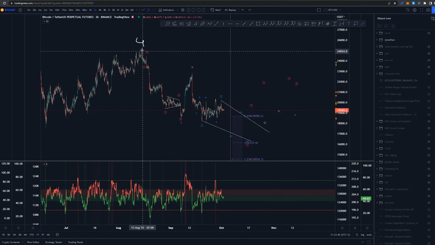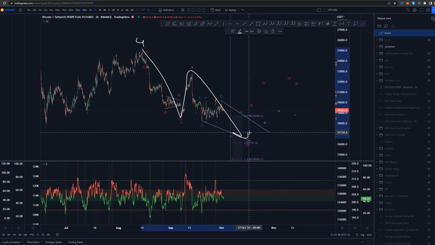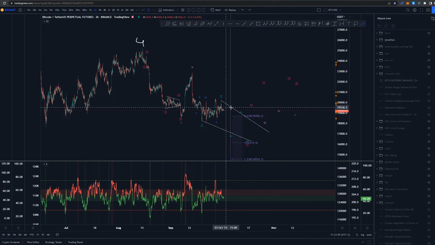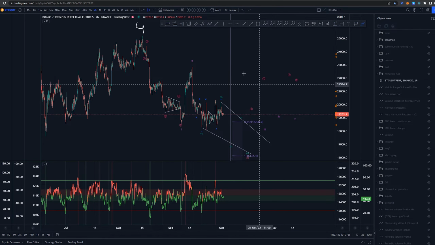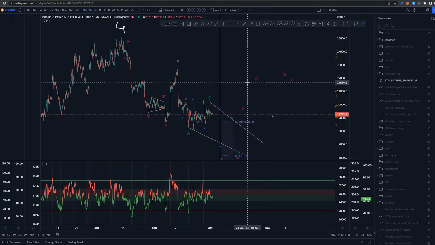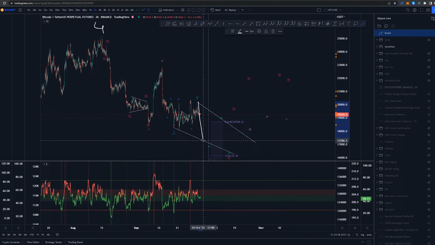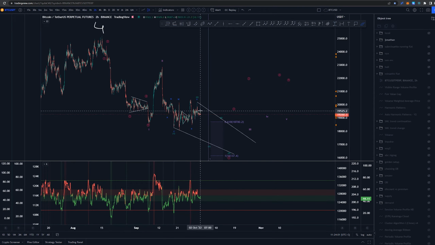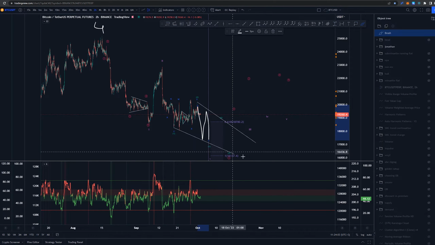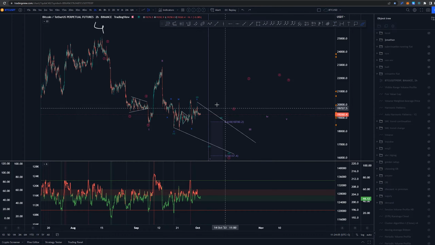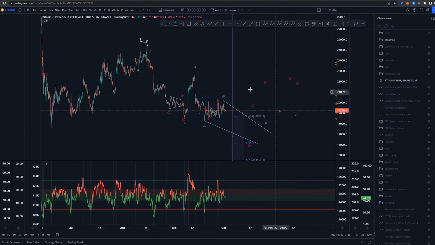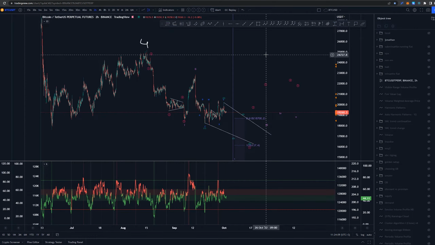And that's why I do prefer the idea of ABC better, even now, and it is getting even better as we speak, if we want to be getting any kind of diagonal here, just because of the time element here. So I don't see us creating and completing this wave 1 before this 1-to-1 in time. So that's why it makes it less likely. Now, again, that is not saying that it is invalid.